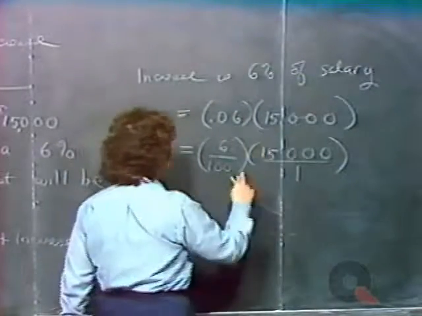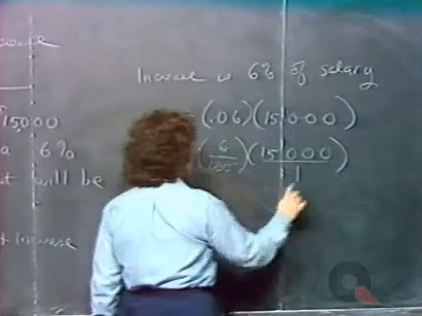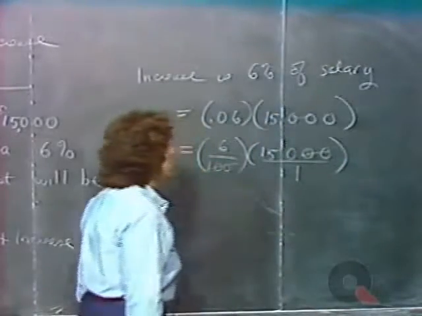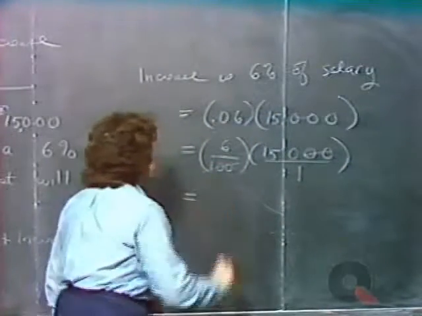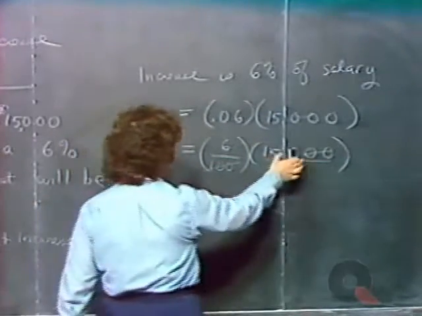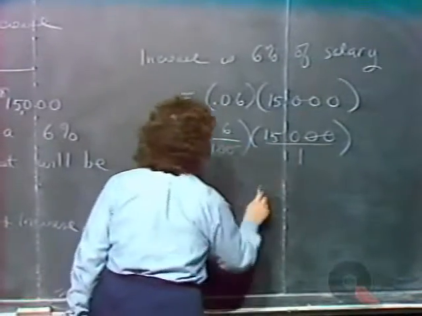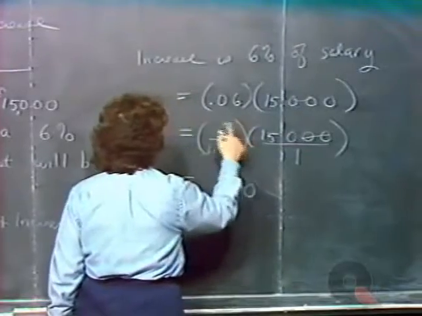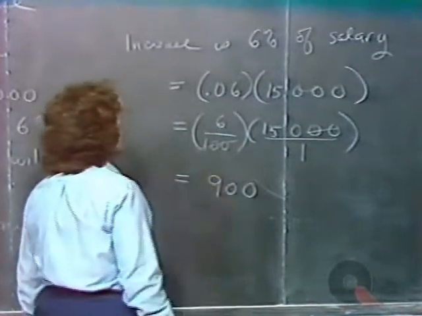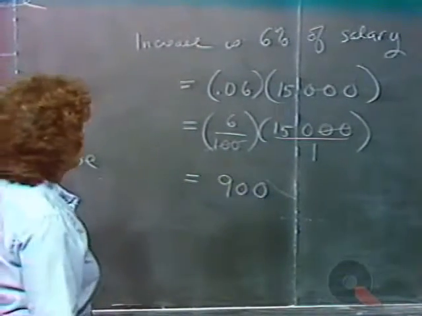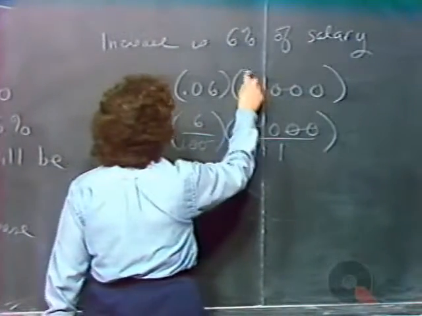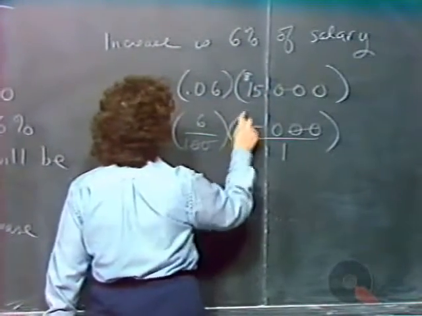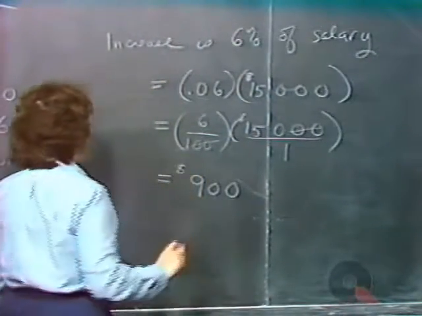Dividing numerator and denominator by 100, you can cancel off 2 zeros there. And you get 6 times 150. 6 times 5 is 30. Carry the 3. 6 and 3, 9. So his increase is $900. 6% of $15,000 comes out to be $900.